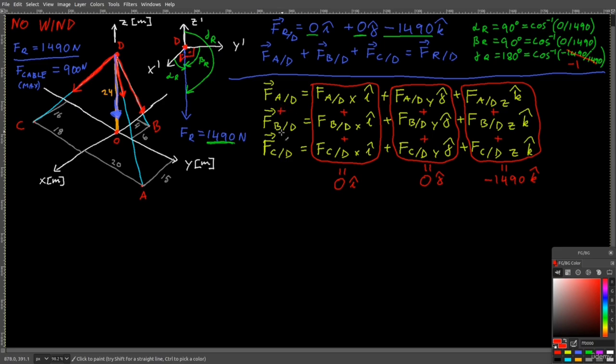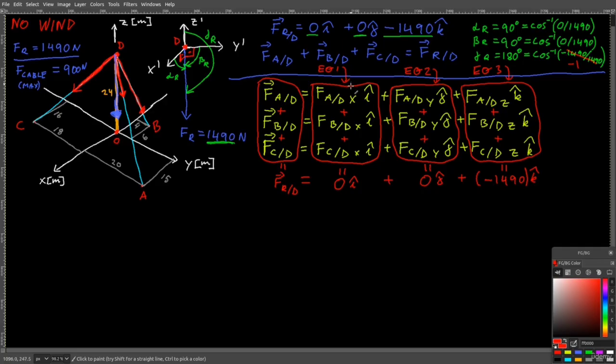Well, that's because if I add up these three vectors, then I need to get this vector. And this vector equals 0i plus 0j minus 1490k. That's my resultant vector. So essentially, we have three equations here. We have equation 1, equation 2, and then equation 3.